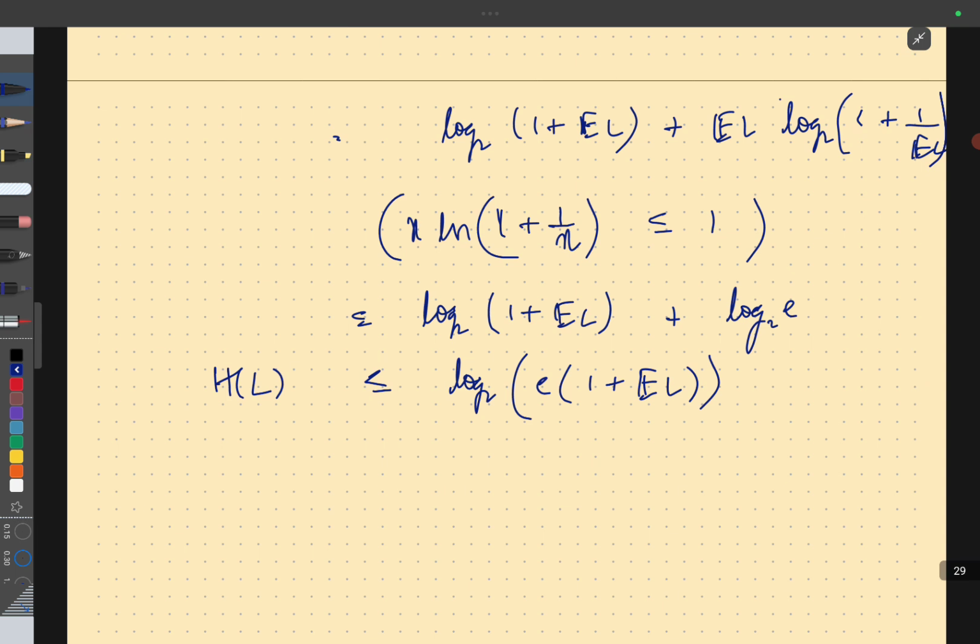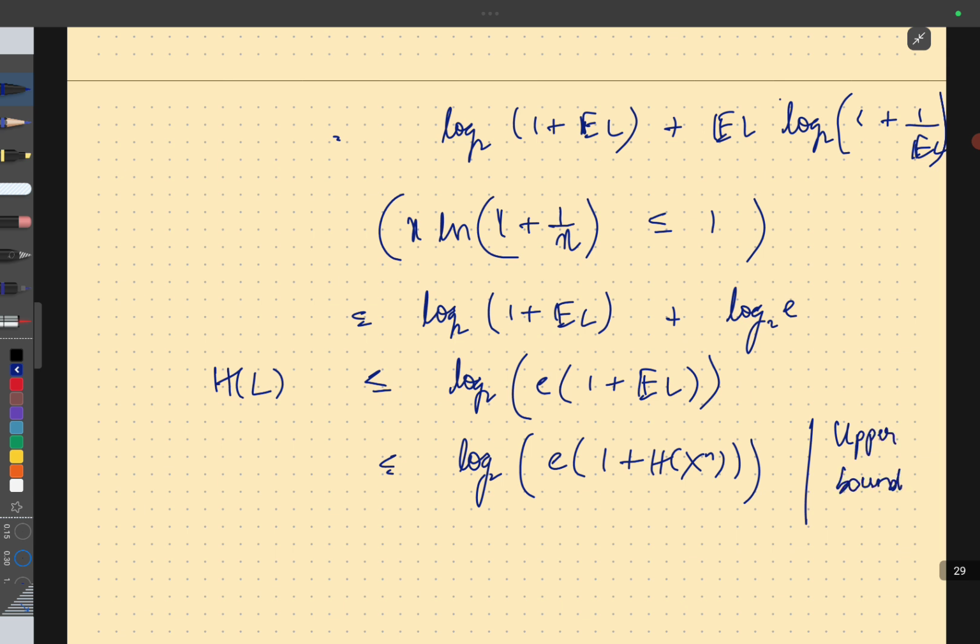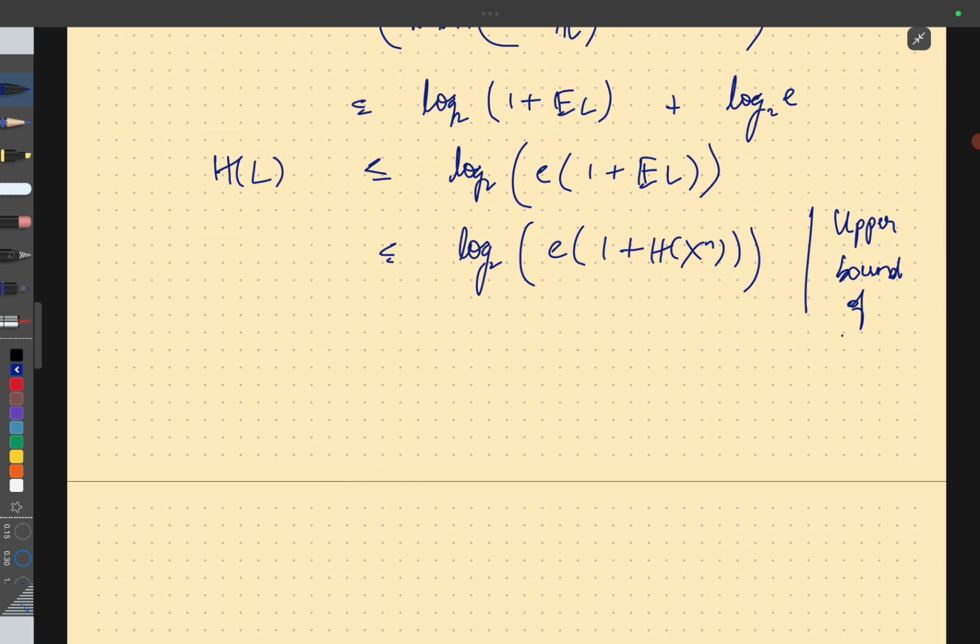Oh yeah, this is upper bounded by entropy. We've already shown that the expectation of L for the optimal compression scheme is less than or equal to H(Xn). So we just use that. This basically comes for free from the upper bound of our theorem, because we earlier showed that the expected length is less than or equal to the entropy.